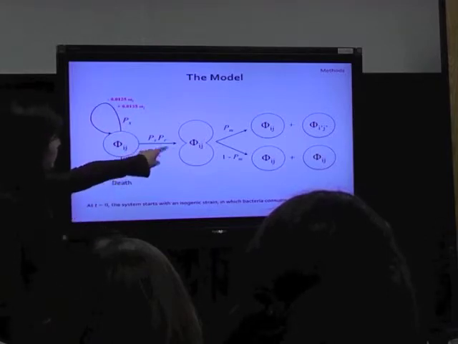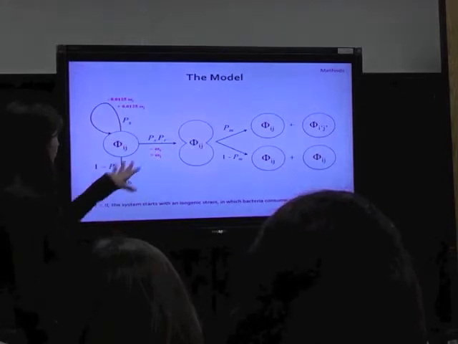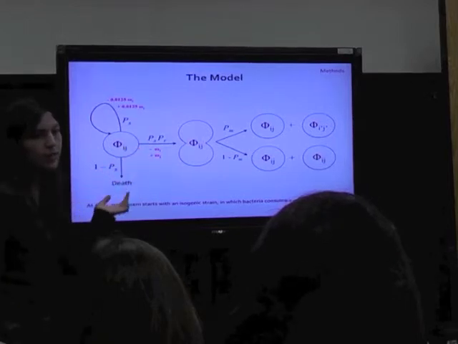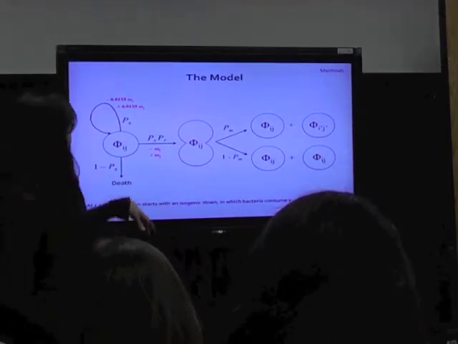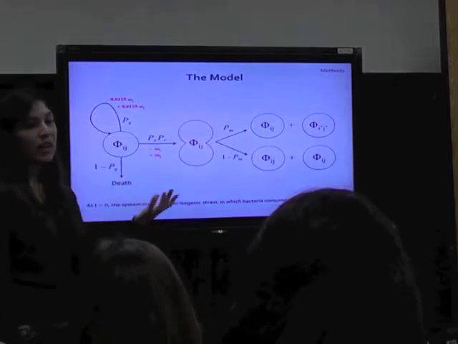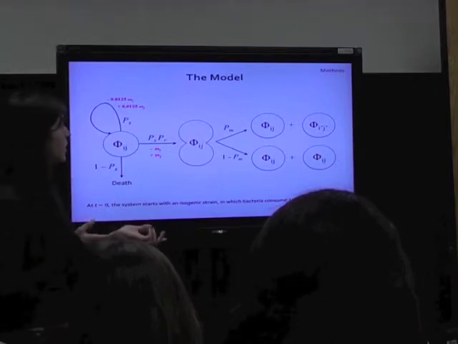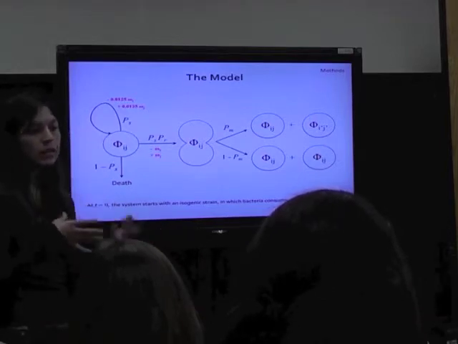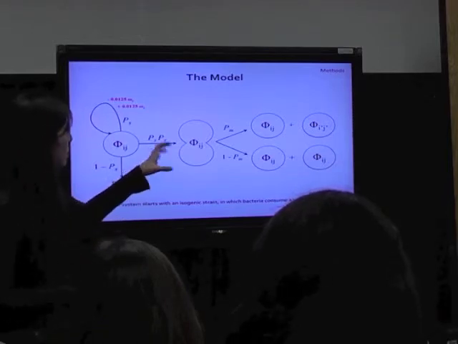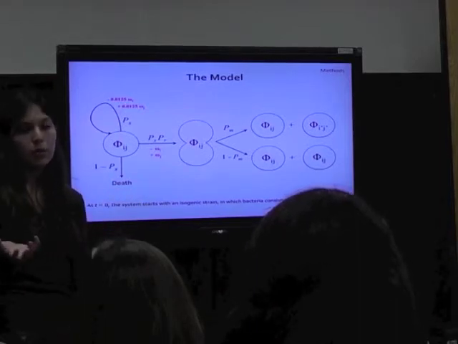Then with this other probability it can reproduce, consuming a different amount of resources. And then with probability PM it can mutate. So one of the new bacteria has a different genotype, which means the new genotype can consume and excrete other types of resources.